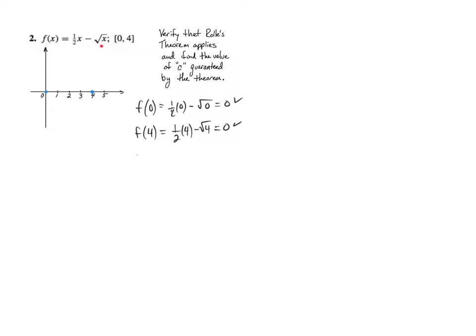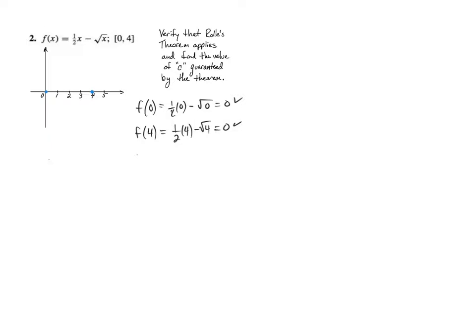So we're cool on that part, but the last condition is that it has to be differentiable on the open interval between 0 and 4. In other words, we don't have to worry about the slope at the two endpoints, but we have to make sure that nowhere between 0 and 4 will this thing have an undefined slope, because that's what would make it non-differentiable. So let's look at the derivative of 1/2 of x minus root of x.